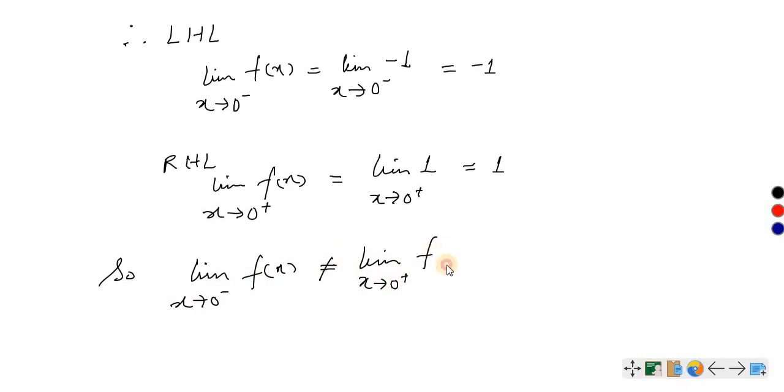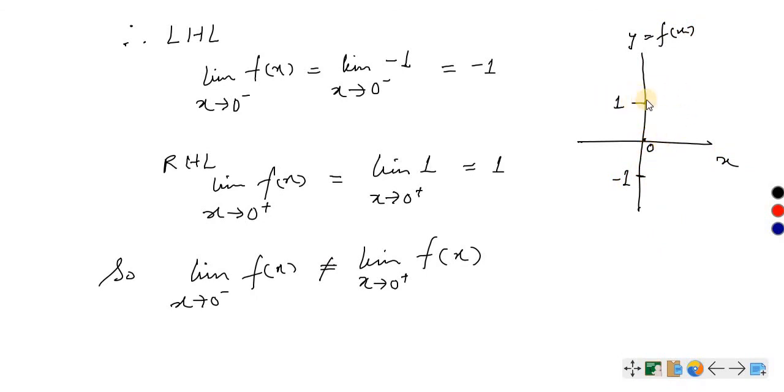If you draw the graph of this, you will see that the graph will be somewhat like this. If this is the y-axis and this is the x-axis, suppose this is plus 1, this is y, f of x, this is x, this is minus 1, and this is 0.